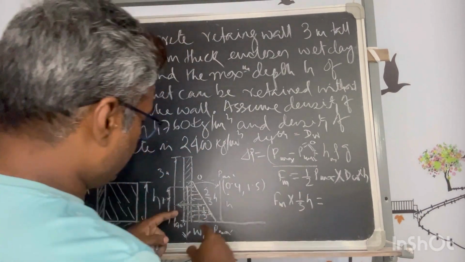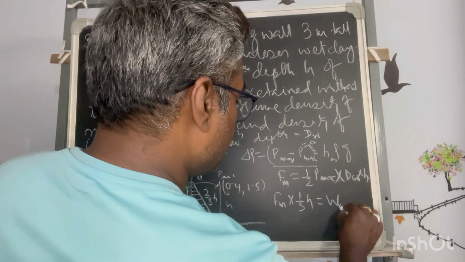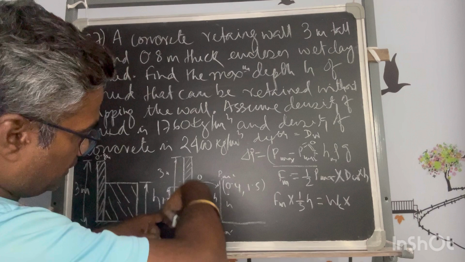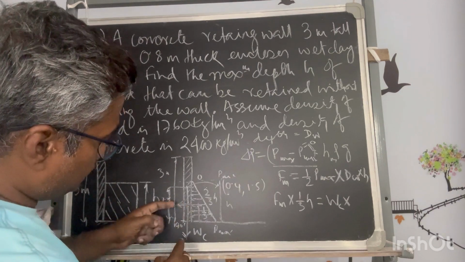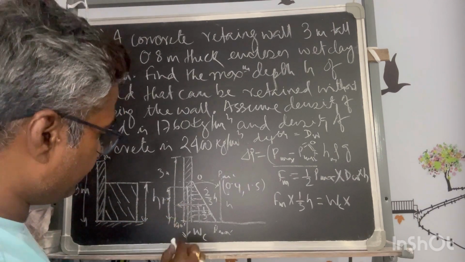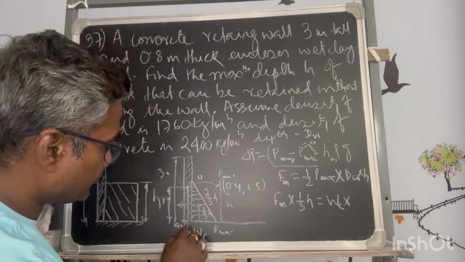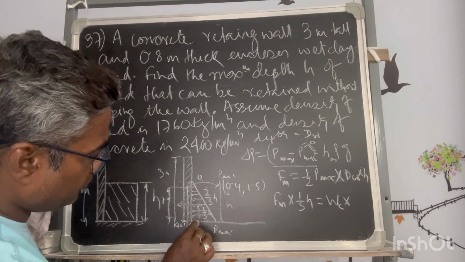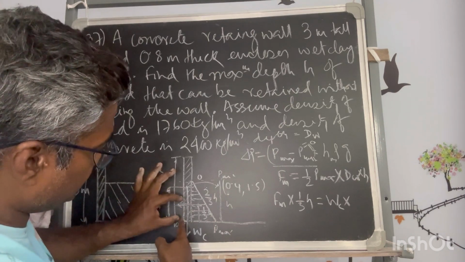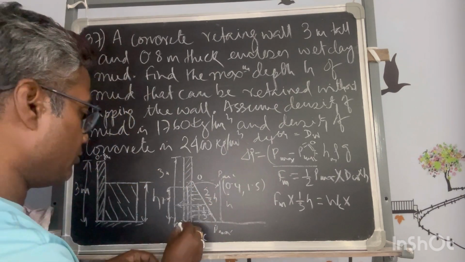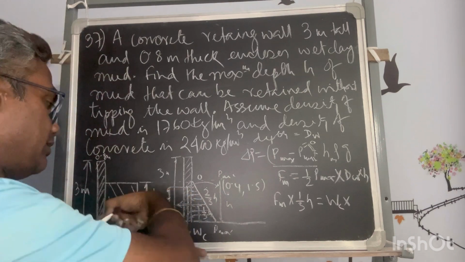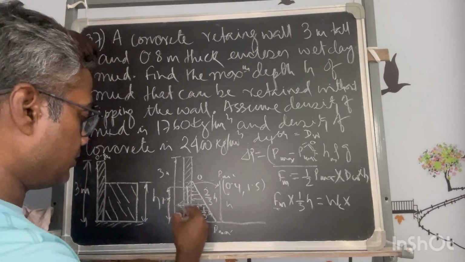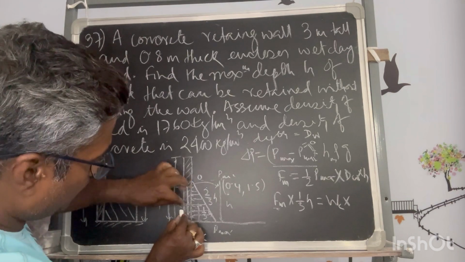It must be equal to the force due to the concrete wall, and it is acting at this point downward. So what is the force acting? The moment is this force into the distance, because from there I have considered both distances.